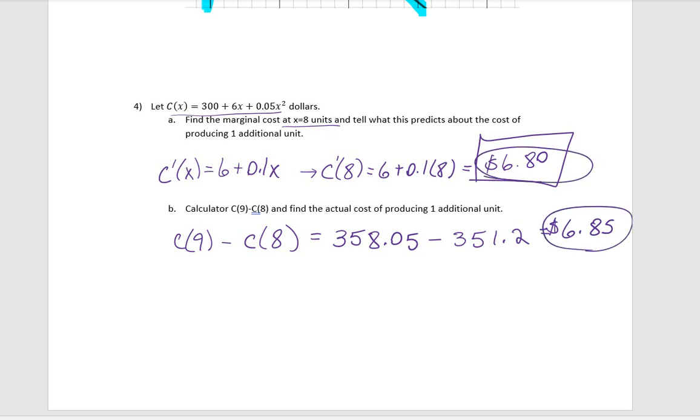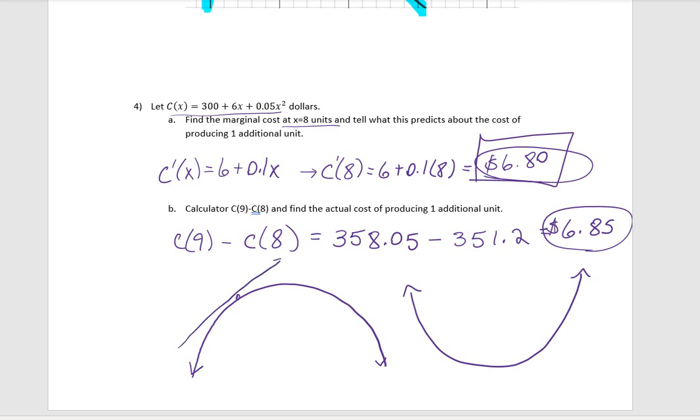So really quick, I just want to point out why this isn't exactly the same as this. Our cost function looks like an upside down parabola, like so, or it could look like a regular parabola. Either way, we're looking at a certain spot and using a tangent line, a straight line, to try to make a prediction.